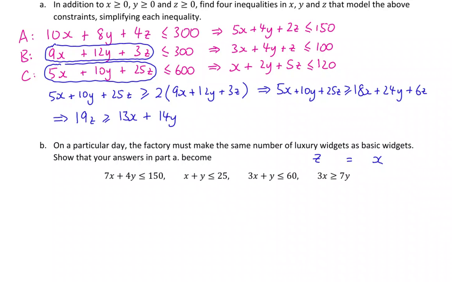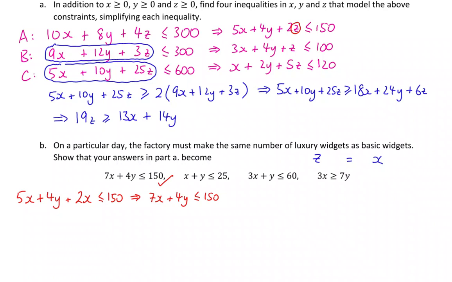So I go to my first inequality, and I'm going to replace the z with x. So I'm going to get 5x plus 4y plus 2x is less than or equal to 150. So 7x plus 4y is less than or equal to 150, which is precisely that first inequality. Excellent, done.